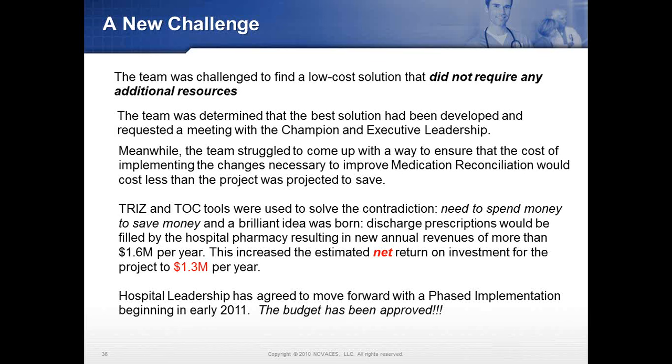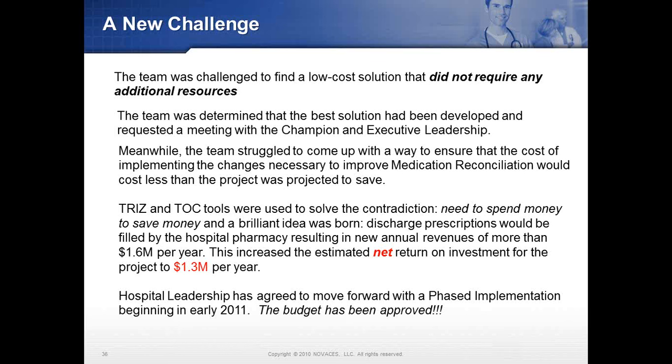It was actually the hospitalist and the director of the hospital pharmacy who came up with this idea. They had a brand new outpatient pharmacy across the street from the hospital, and it wasn't getting the traffic that they were hoping that it would. But they had pharmacy staff there waiting for business.